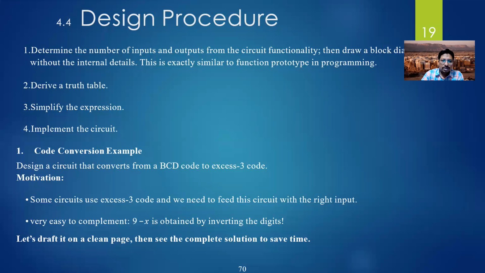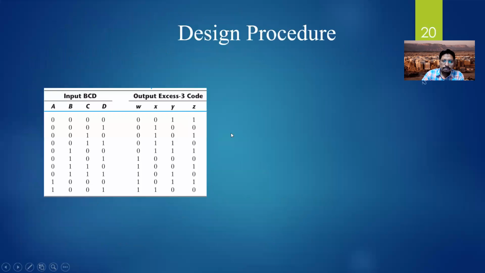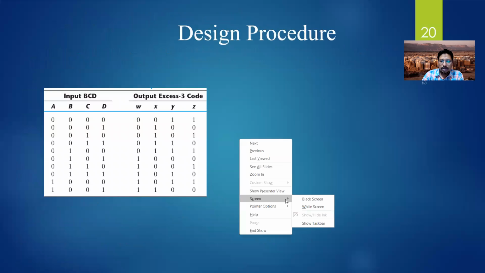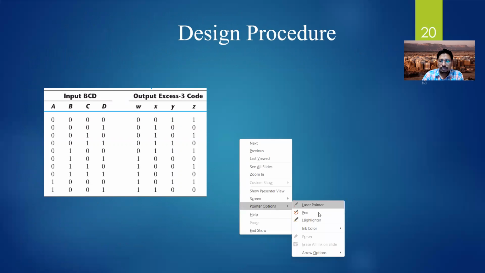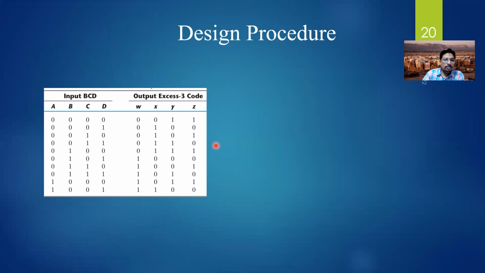Let me just show you how. BCD has A, B, C, D. There are 4 inputs normally for BCD, because we are talking about 0 to 9, and the binary bits give me values from 0 to 15.